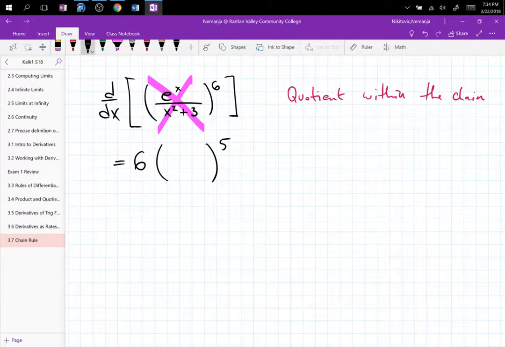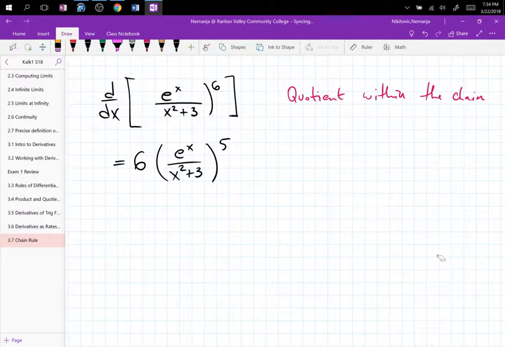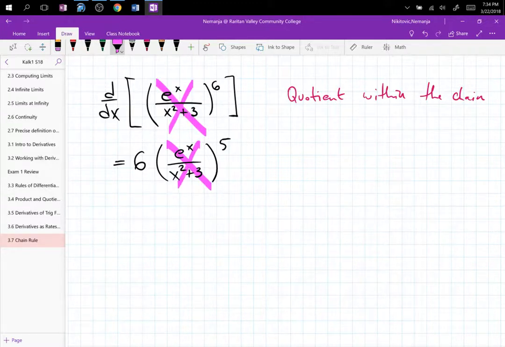Then whatever is inside is e to the x over x squared plus 3. If I regard this as one big X, then x to the 6 becomes 6x to the 5 in a derivative, and now times the derivative of the inside.